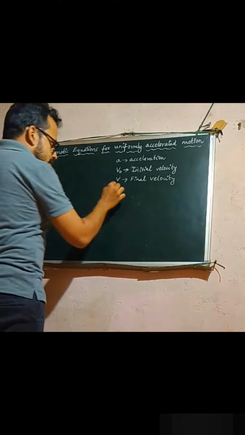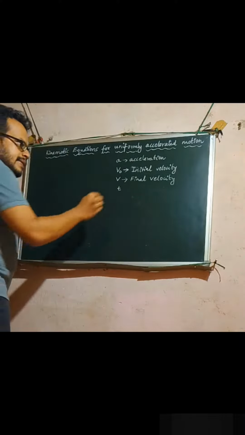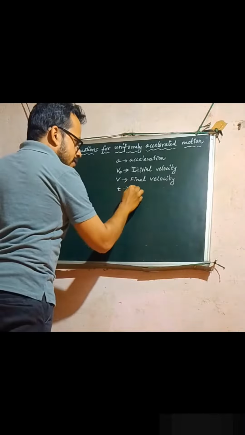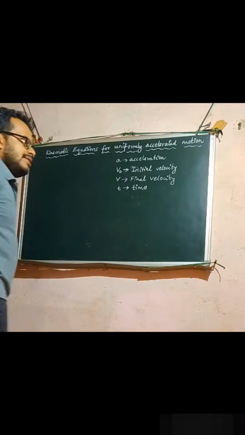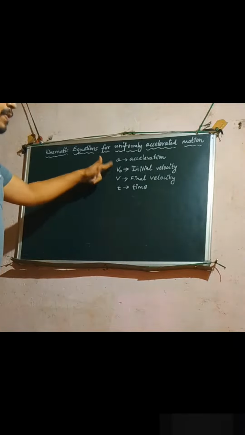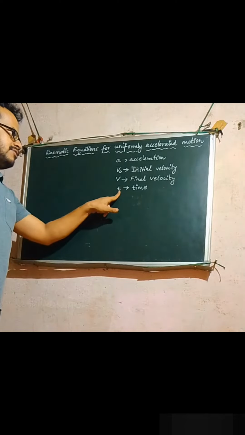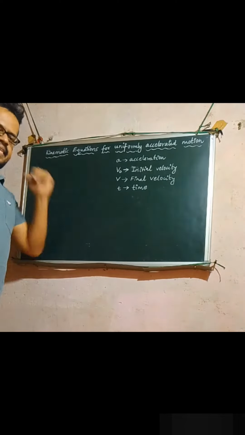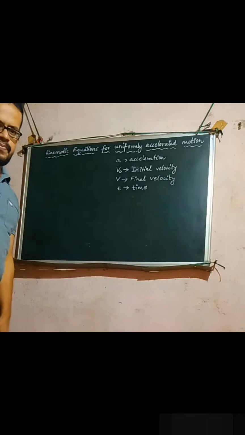And I will take t, that is small t, as the time taken to have this change, that is from initial velocity v0 to the final velocity v. In time t, the body accelerates with a uniform acceleration a.